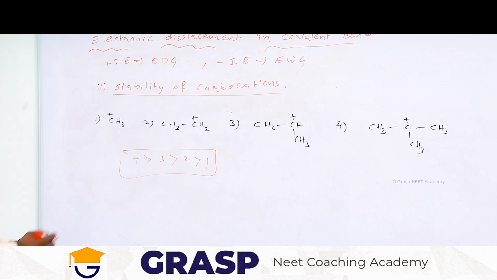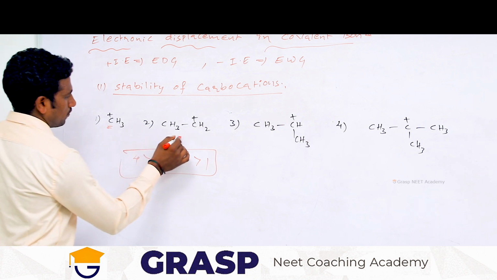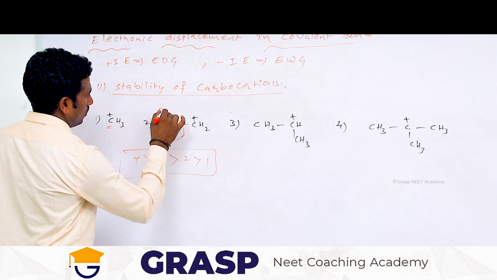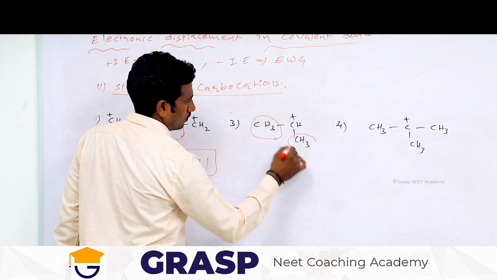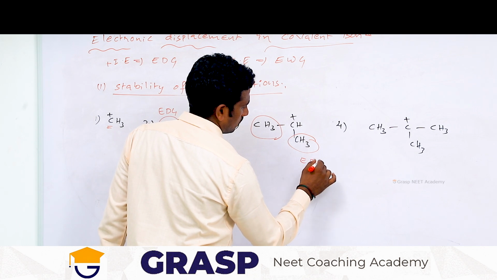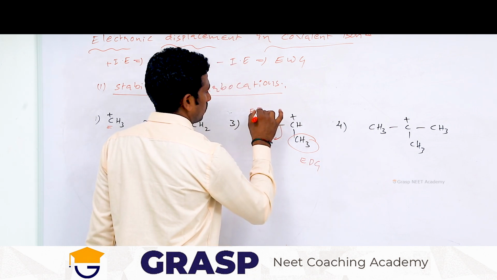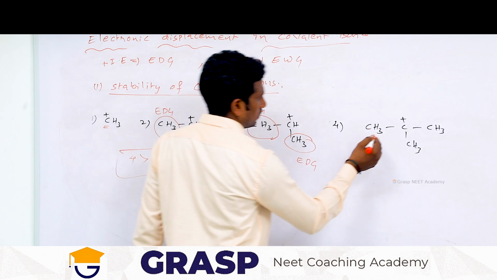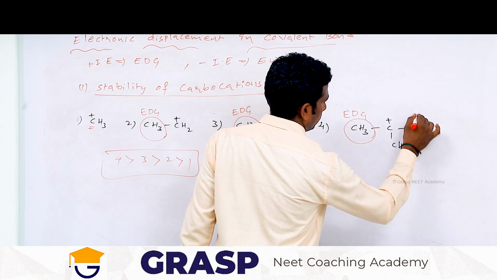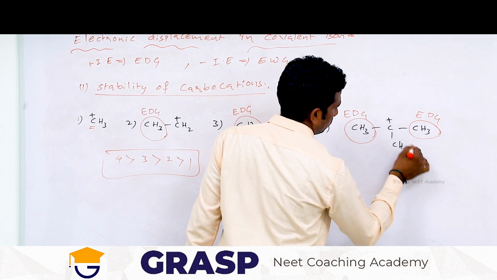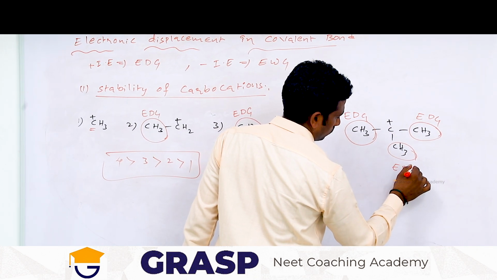Why is it so? Here there are no donor groups, here one donating group, here two donating groups to this carbocation. Here one more electron donating group, and here one more electron donating group.